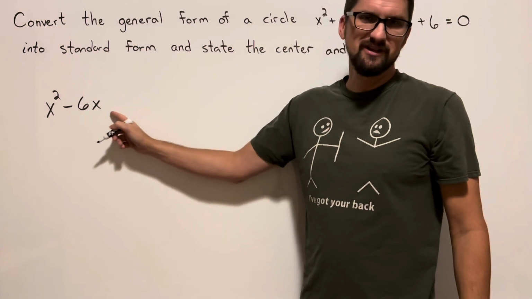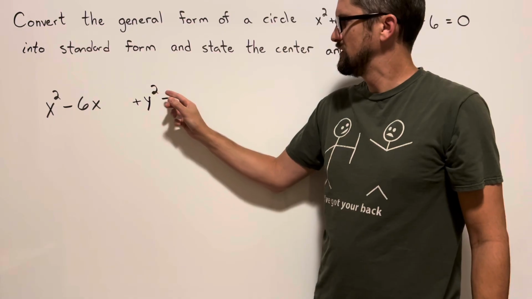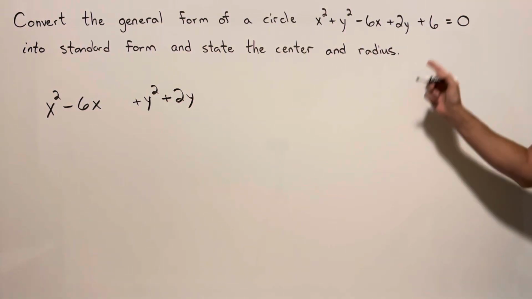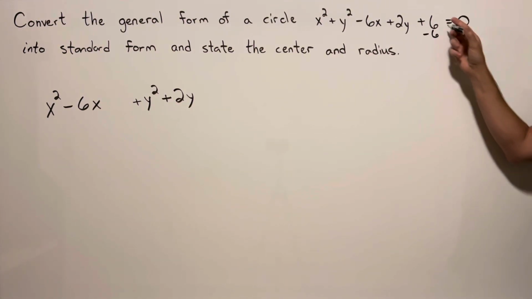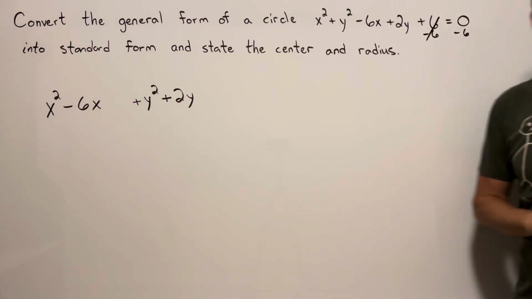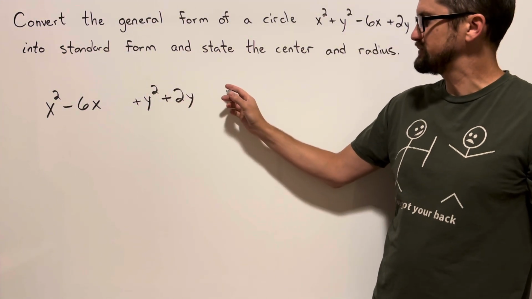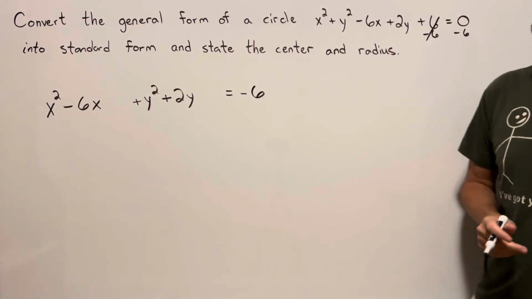I'm going to leave a little bit of a space here. Then this 6 here, I'm going to subtract 6 on both sides to get a negative 6 on the right-hand side. So I'm going to put an equal sign again, leave a little space here, and put negative 6 on the right.